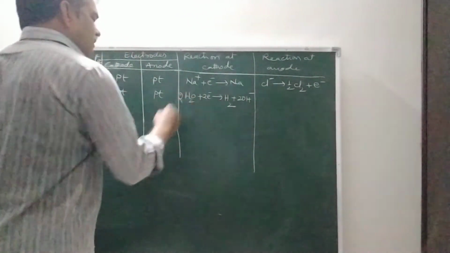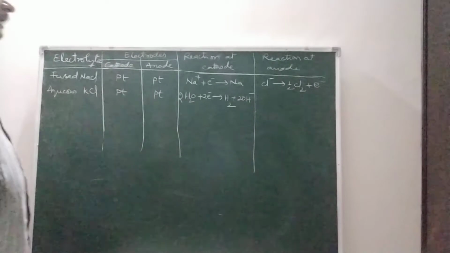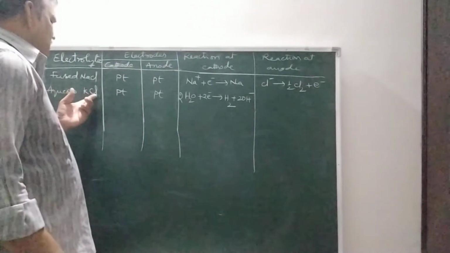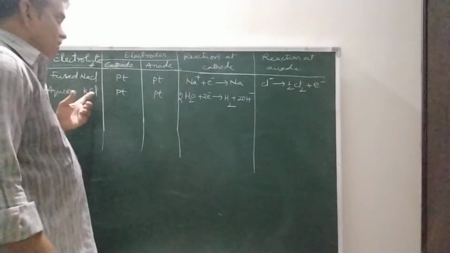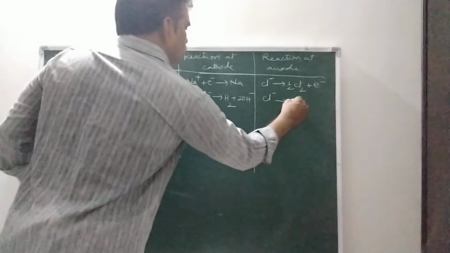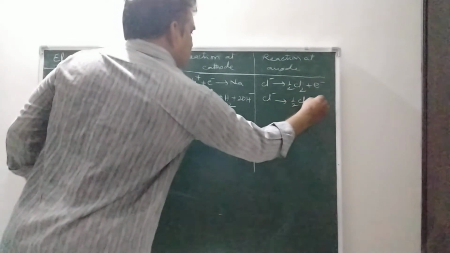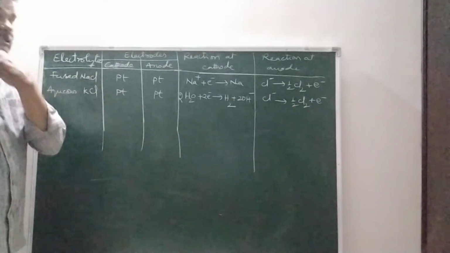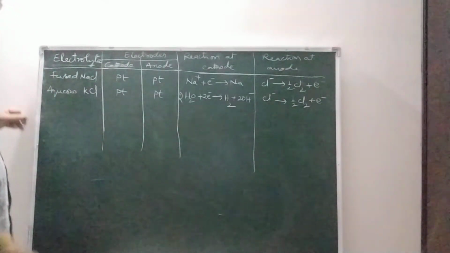In the same way, here Cl- and OH- ions are present. Cl- has less discharge potential, so Cl- gives rise to half Cl2 plus electron.